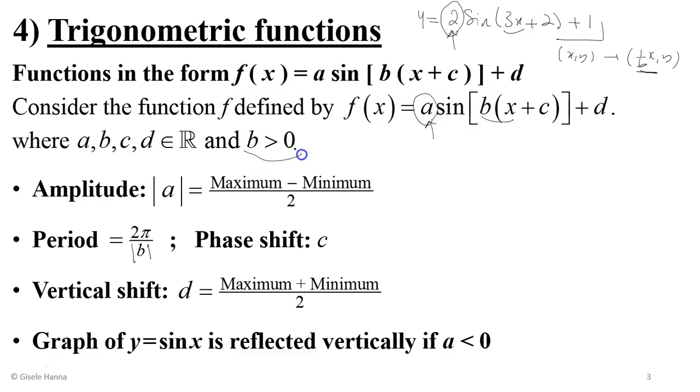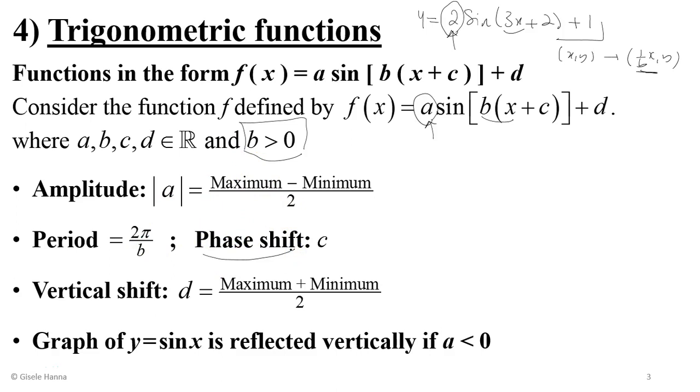However, here it's restricted to be positive, but in the general case, b could be negative, and in case b is negative, the period would be 2 pi over the absolute value of b. But since we have over here the restriction that b is positive, I'm just going to remove the absolute value.